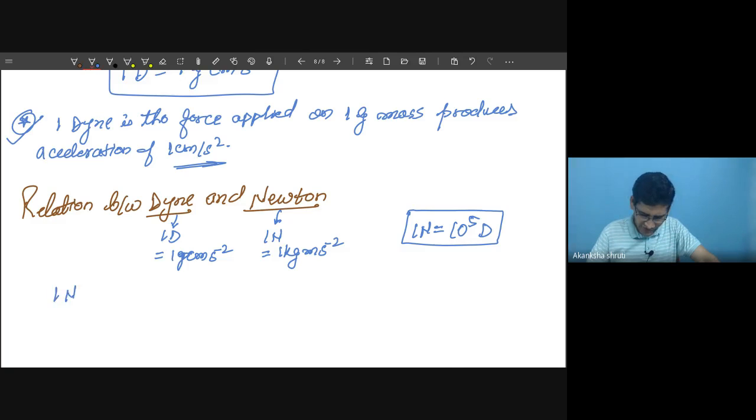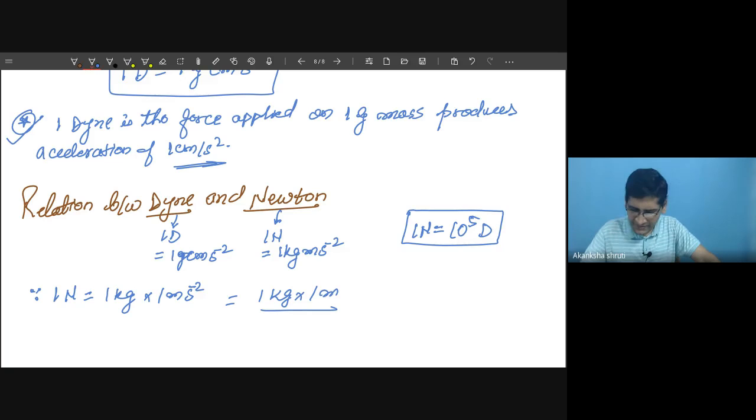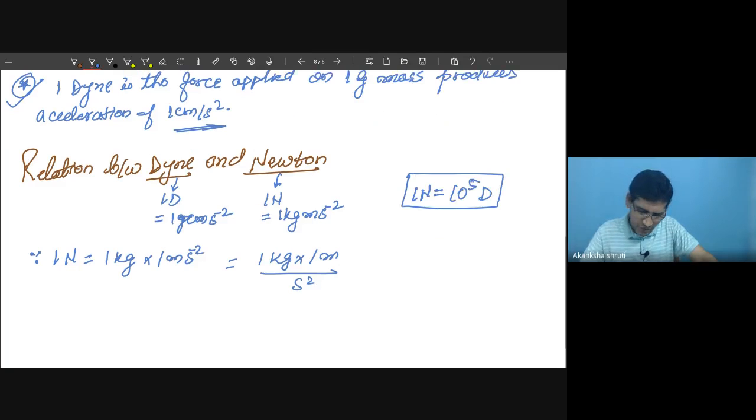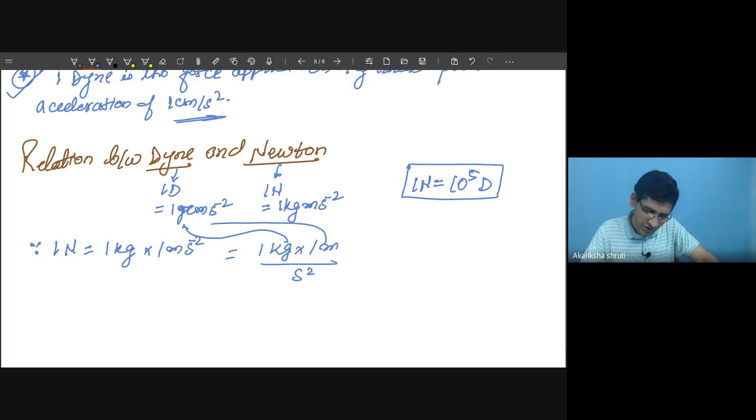See, 1 Newton. How is that? It is given by 1 kg multiplied by 1 meter per second square. It simply means 1 kg multiplied by 1 meter, and per second square, so second square is in the denominator. Are we getting like this? To convert it into dyne, we need to convert this kg into gram and this meter into centimeter.